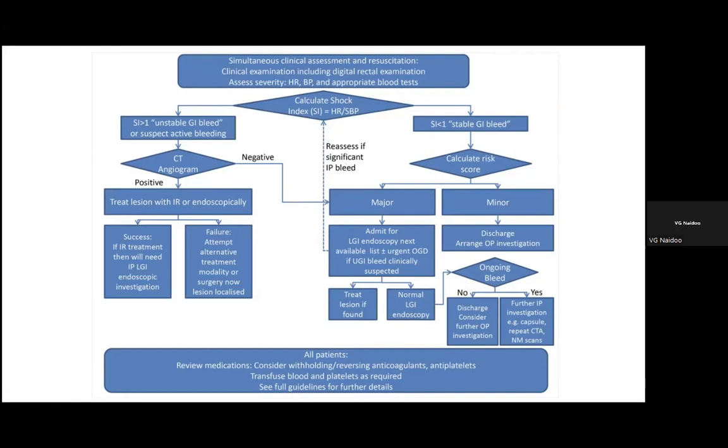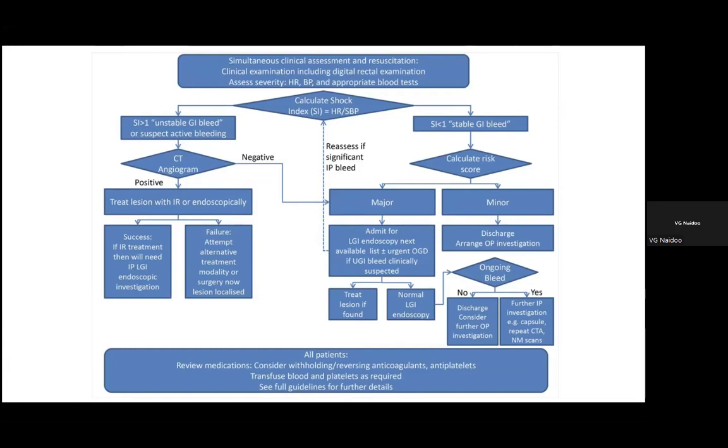So what we tried to do here was highlight a few key areas in these algorithms, and focus on a few of the etiologies that can be quite challenging to manage.